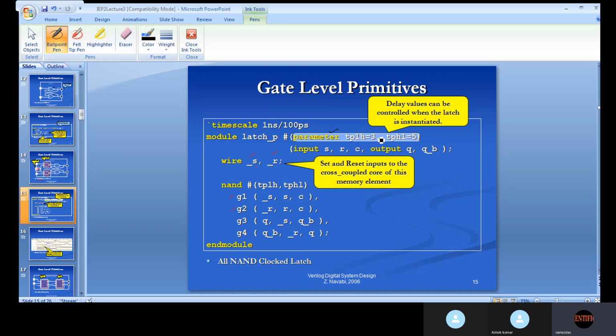Parameter TPLH is equal to 3, TPHL is equal to 5. What does this mean? What is a parameter? Rise time, fall time. What happens if you are denoting it as a parameter?